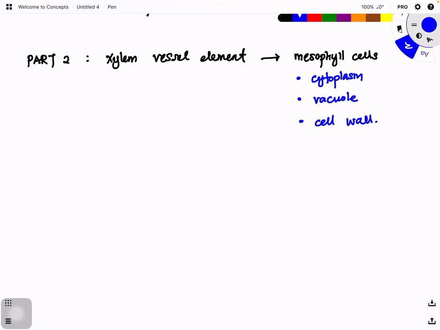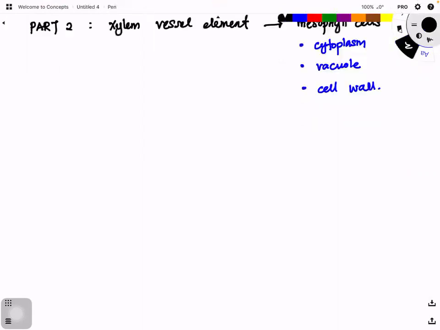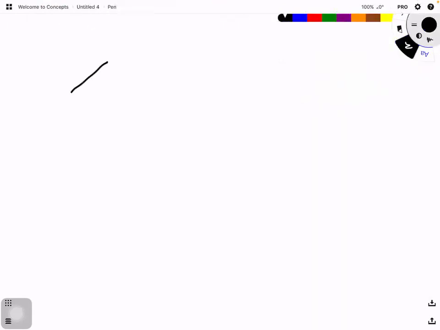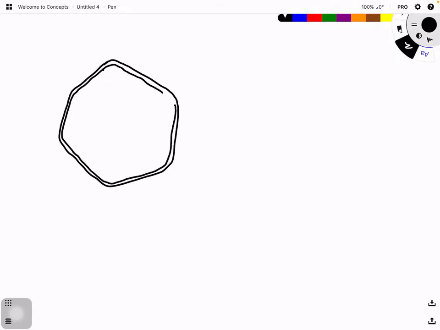Okay. So again, let me draw out the structure again. So again, we do have the xylem vessel element. Xylem vessel elements have primary cell wall, very thin. They are dead cells, hollow, without any cytoplasm and nucleus.